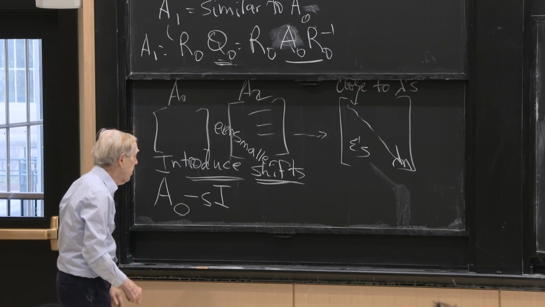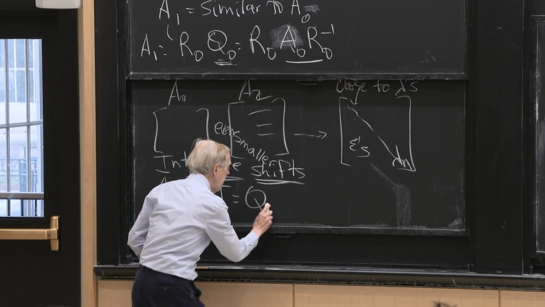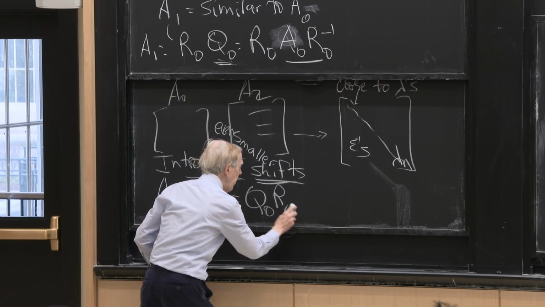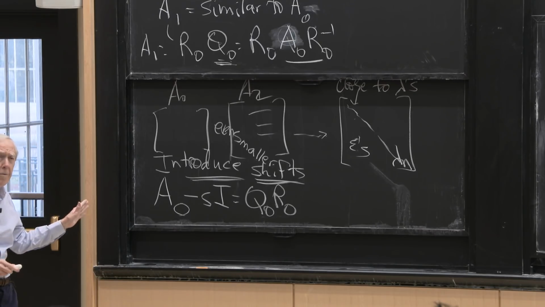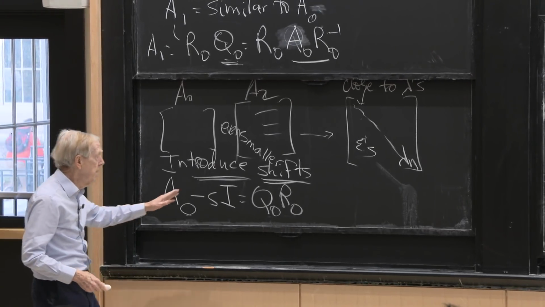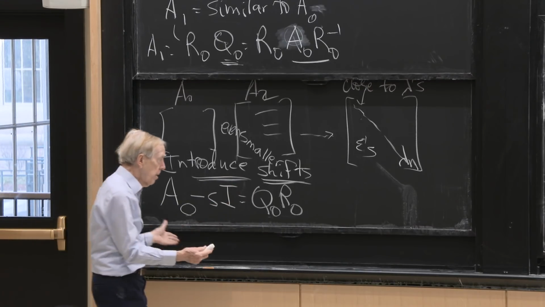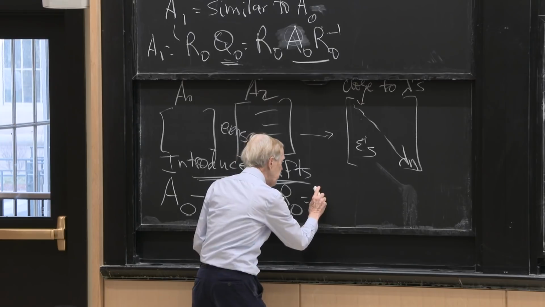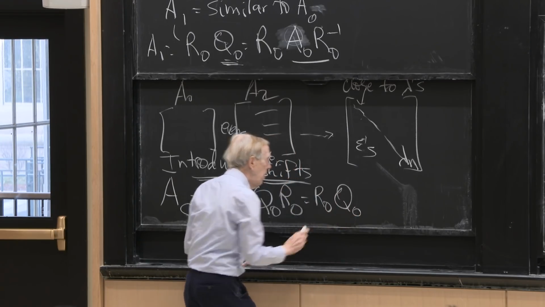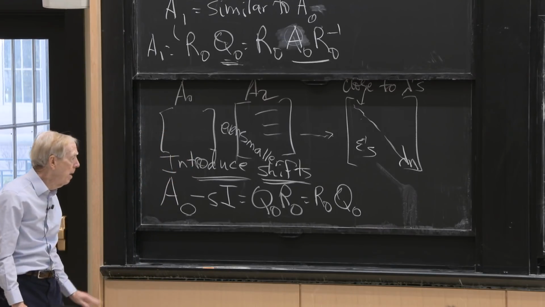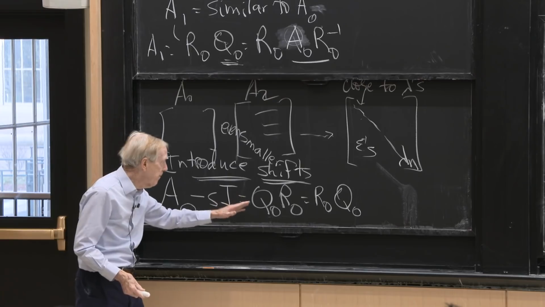So you work instead with this matrix, now I'm factoring it into Q0, R0. So that's the work of the method, in doing Gram-Schmidt at every step. And then there's a little work in reversing the order. And then I want to undo the shift. So I do that factorization.